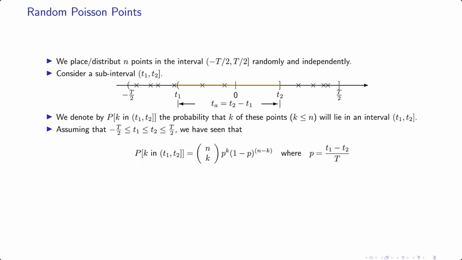And p is equal to (t2 minus t1) divided by T. If I denote t2 minus t1 as ta, this becomes ta divided by T. So this is a Bernoulli repeated trial.